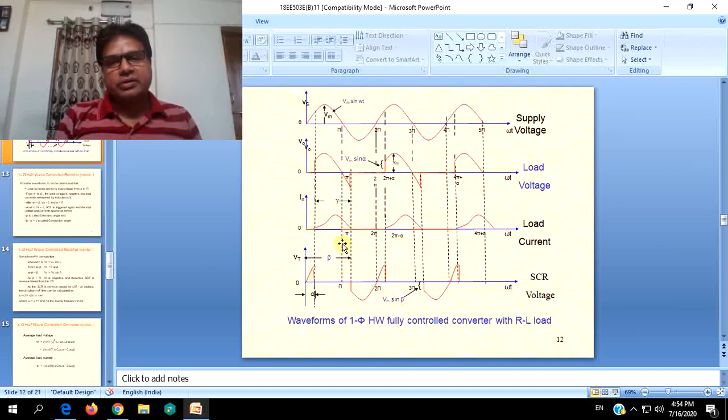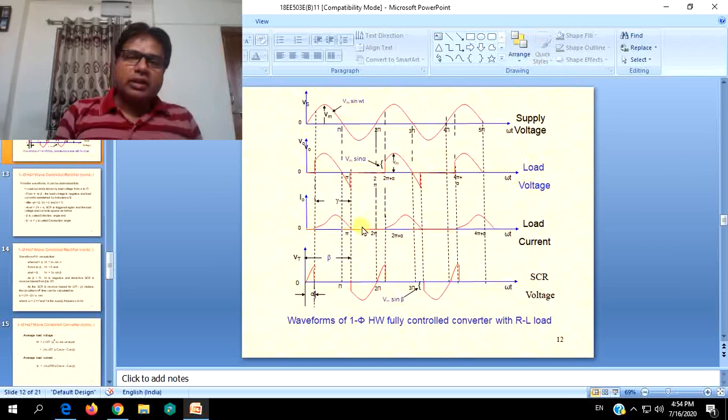It will take a certain definite time to become zero, and the load current becomes zero at an angle beta.